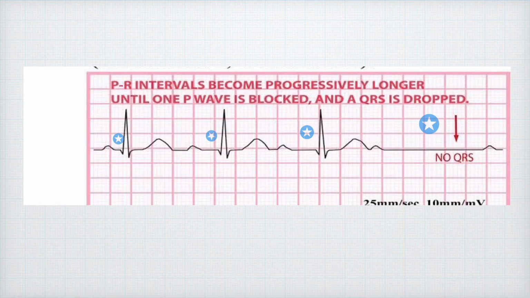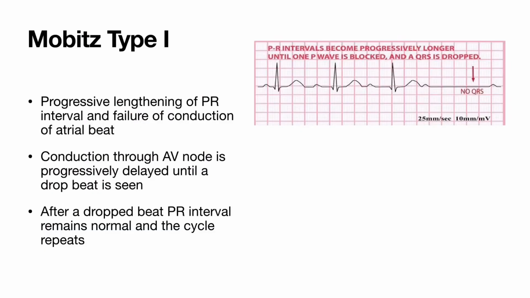In the second beat, it is 6 small squares. In the third beat, it is 7 small squares. And the fourth P wave is not followed by QRS complex. This phenomenon where PR interval gradually increases till a beat is dropped is called Wenckebach phenomenon. Then again, the next beat will show normal PR interval and the process is continued.